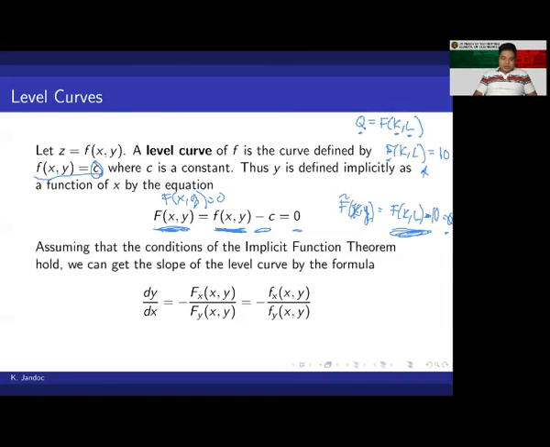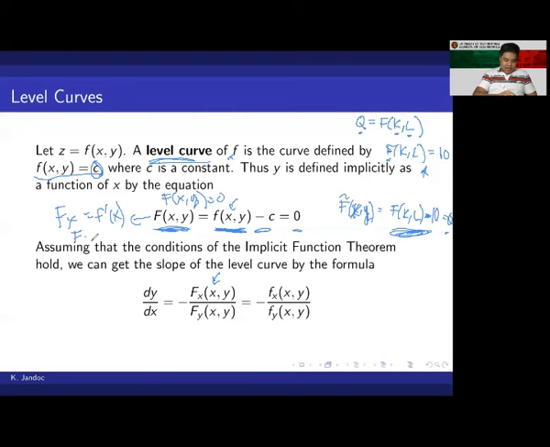So if the three conditions in the implicit function theorem hold, you can get the slope of this level curve as the negative of the derivative of the implicit function with respect to x divided by the derivative of the implicit function with respect to y. Fx is just the derivative of this with respect to x. Since x only enters through small f, it's f prime x.